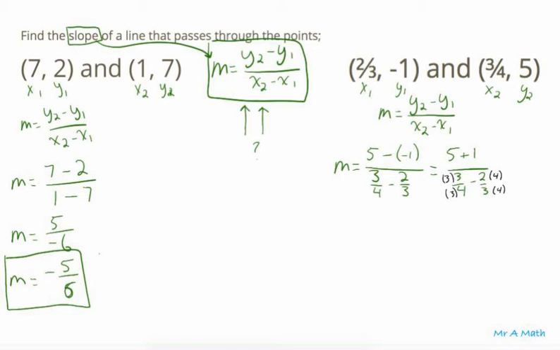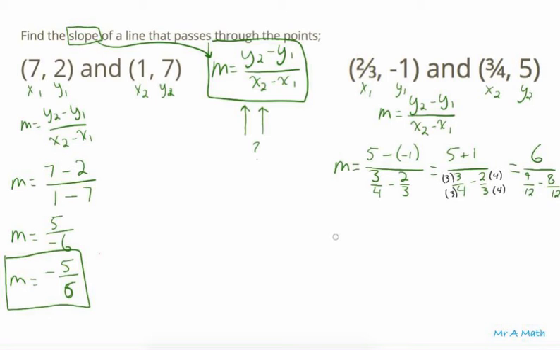That is going to result in 5 plus 1, which is 6, divided by 3 times 3, which is 9, over 12, minus 2 times 4, which is 8, over 3 times 4, which is 12.